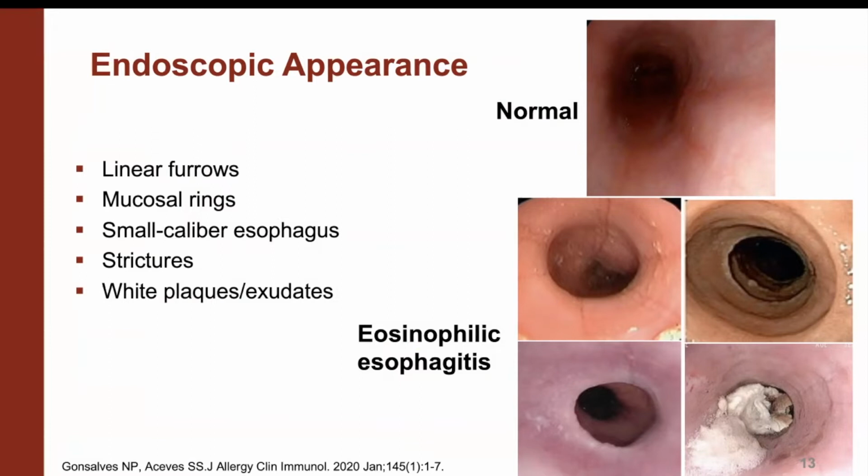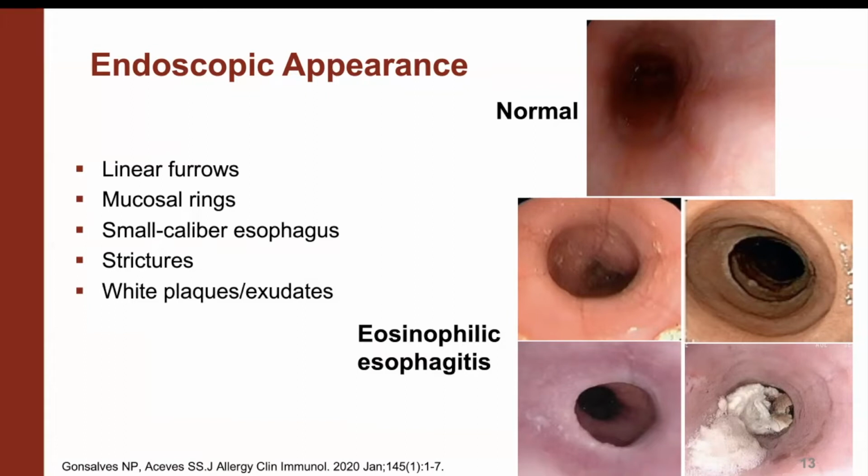And then if we think about what's going on as far as symptoms, we can also correlate that to the appearance that we see on the EGD or endoscopic appearance. And so some things that we might see on an EGD would be linear furrows, mucosal rings, a smaller caliber esophagus, strictures or narrowing of certain areas of the esophagus.